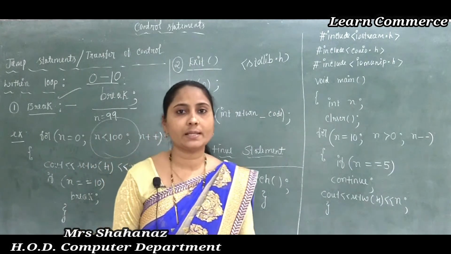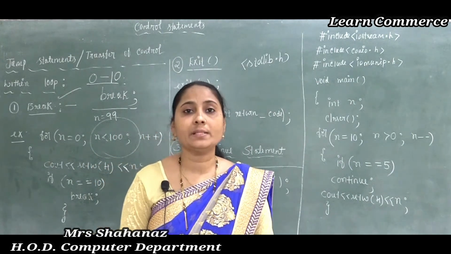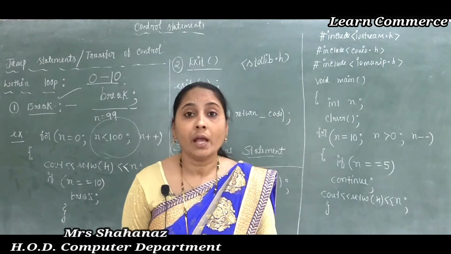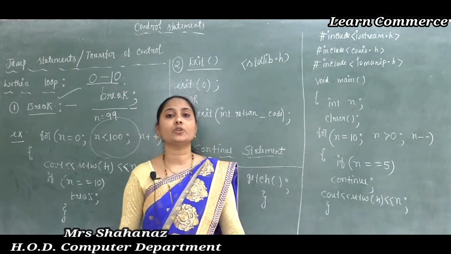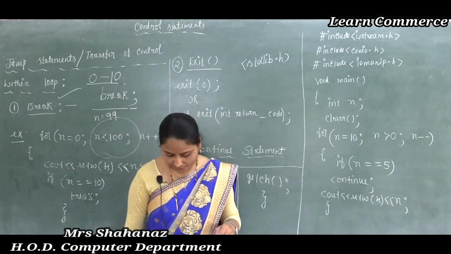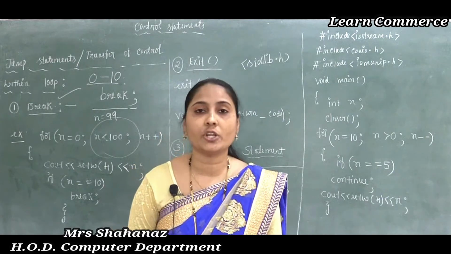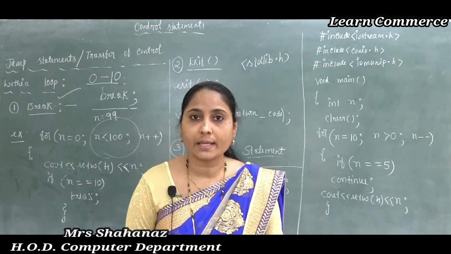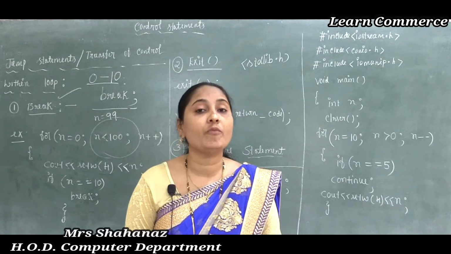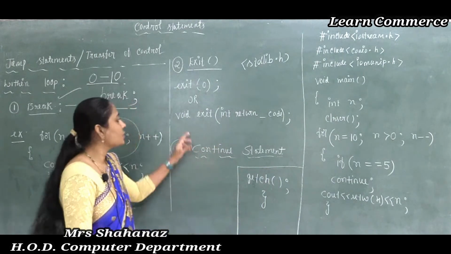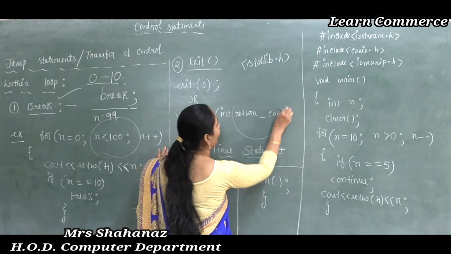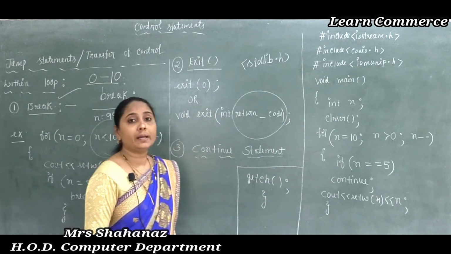I already said that the exit function is used to terminate the execution of the program, and also to return some value to the operating system. So what's the meaning of the return code here?